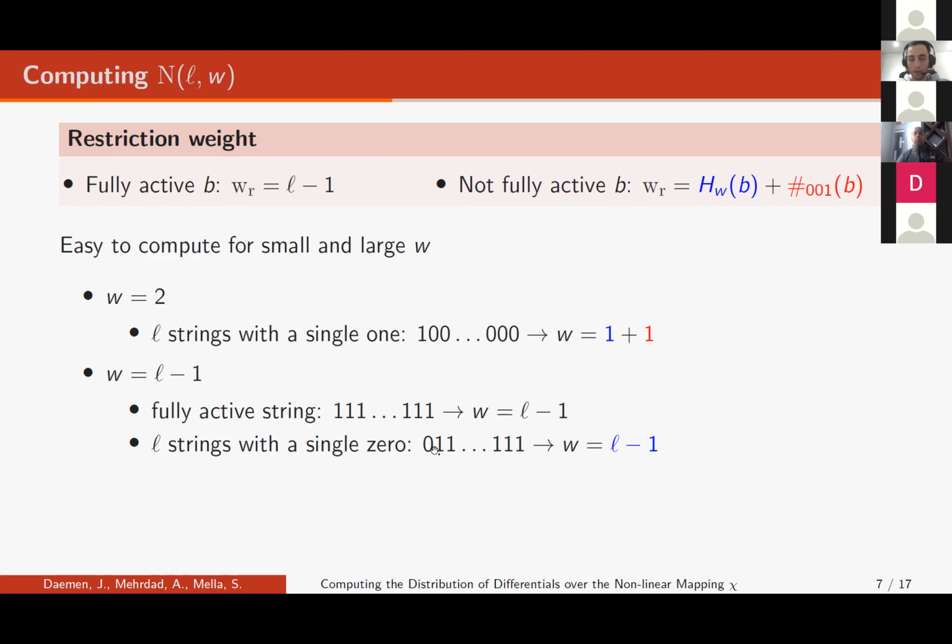Because you choose the position of this 0 among L positions, we have L strings of this shape. And the last one is this one: when you have L-2 active bits plus a 001 string, which is here, and the total weight is L-1.